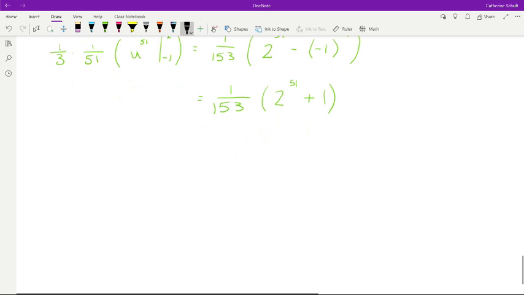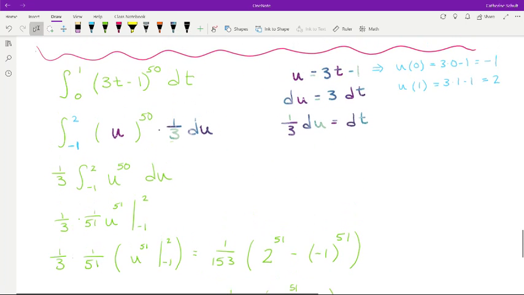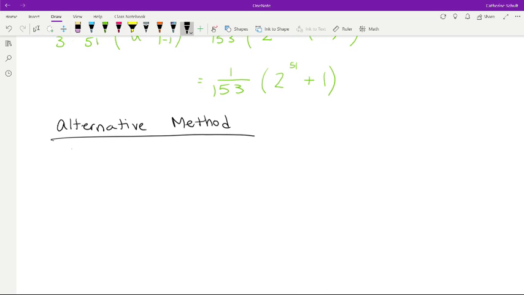And I'm just going to write an alternative method, because we all like to view or approach problems in different ways. So some people like to do the limits of integration after resubstituting. So for instance, they would come at this point, so the integral of u to the 50th times 1/3 du. All right, so they would pick up here, and they would not write the limits of integration.